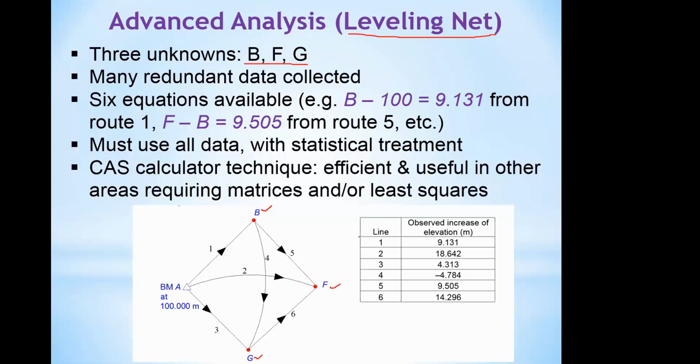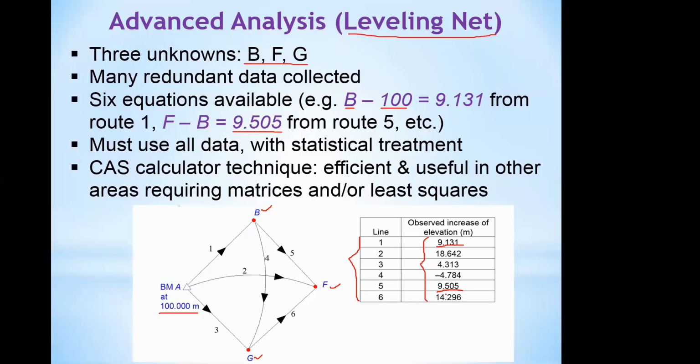And what we have done is 6 sets of measurements that gave us experimental values, the 6 numbers that correspond to different linear combinations of B, F, and G, and this number, which is a benchmark value. So for example, the first line tells me B minus 100 was observed to be 9 point something, and the fifth line tells me F minus B was observed to have a value of 9.505.